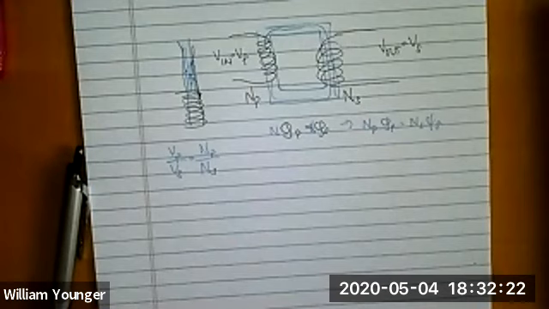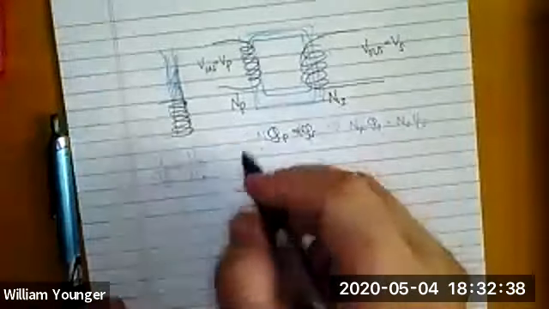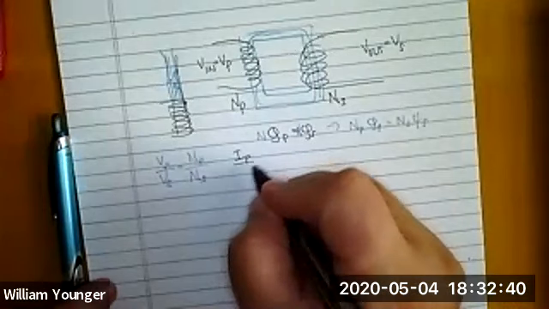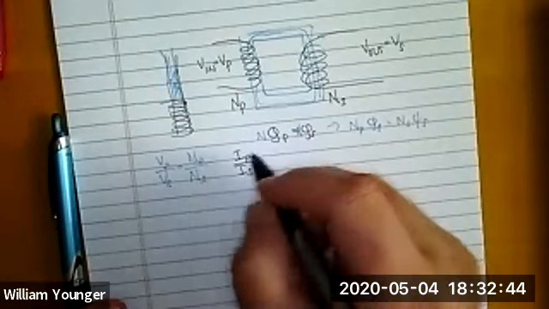And that is an equation you'll find in your book. I thought I wrote it down already, but I didn't write the number. Oh, that's equation 29.5. Also, using Ohm's law, you can discover that I primary over I secondary is actually the opposite of this.